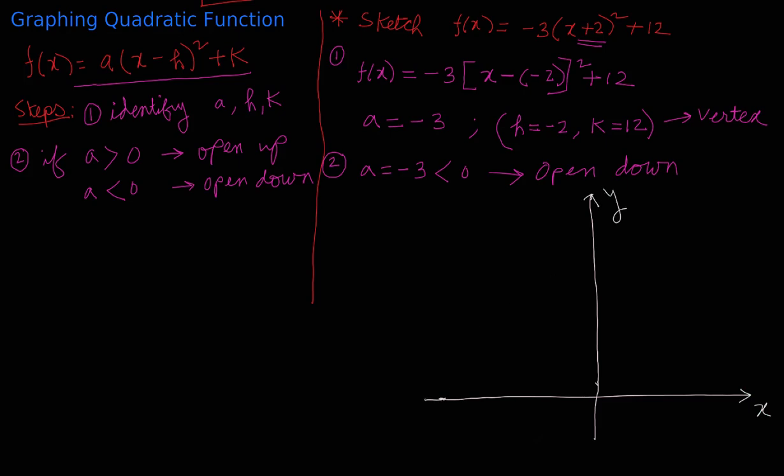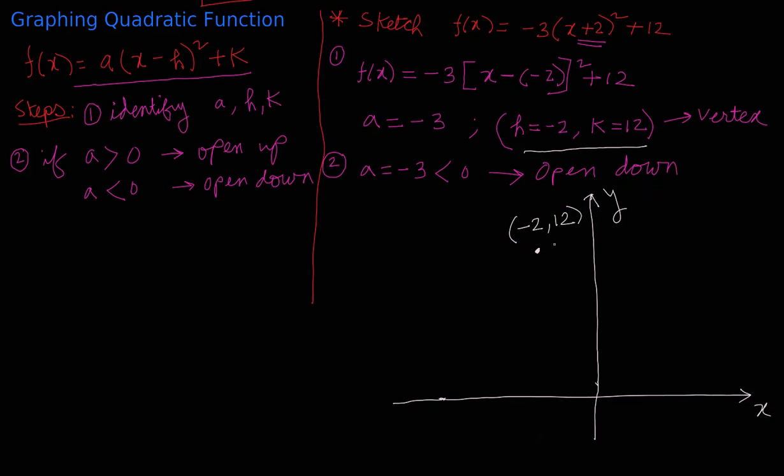Let me extend it a little bit. I know that my vertex is at (-2, 12), so let's say this point is my vertex at (-2, 12). And I know that my function opens down.